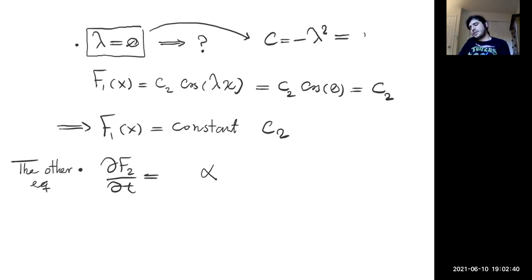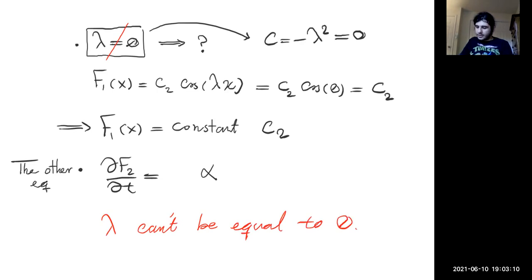If that's 0, it means c is 0. We already showed that is not possible, right? So this case is not correct. That case doesn't appear. That rules it out. So lambda can't be equal to 0. Great. That's very good, actually.